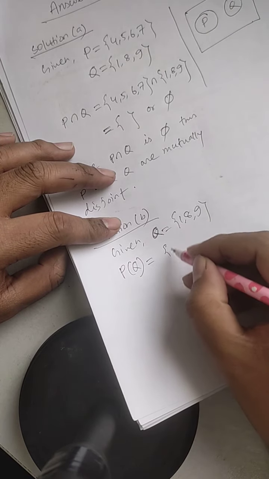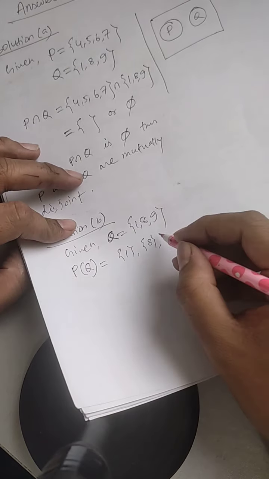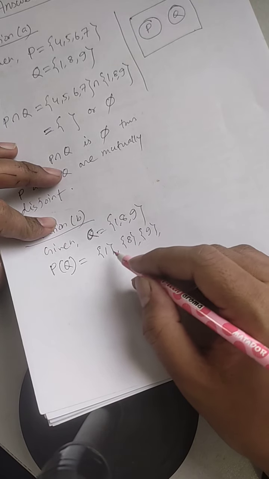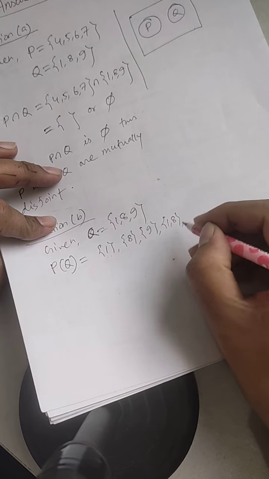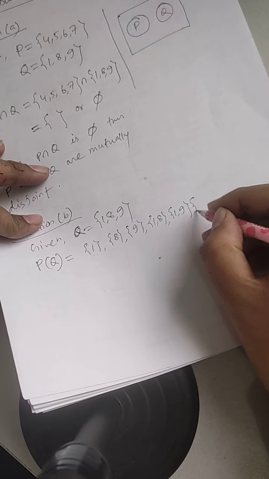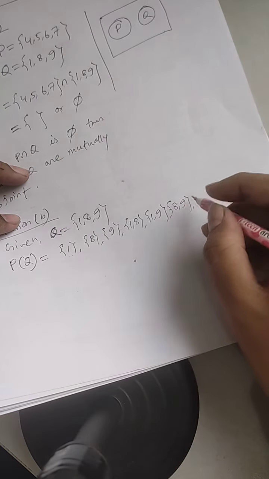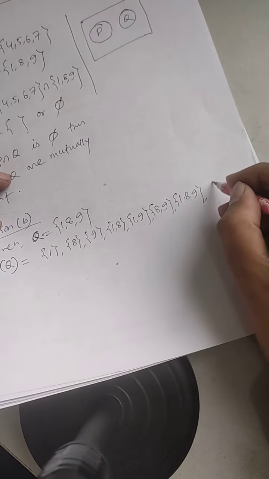Subsets of {1, 8, 9} are {1}, {8}, then {9}. I have written all the single elements now. Then {1, 8}, {1, 9}, then {8, 9}, then {1, 8, 9}, and then the empty set.